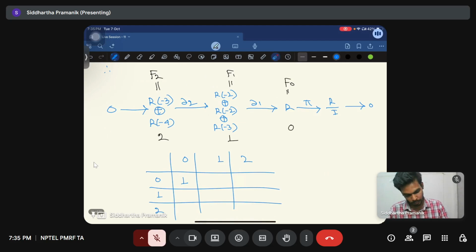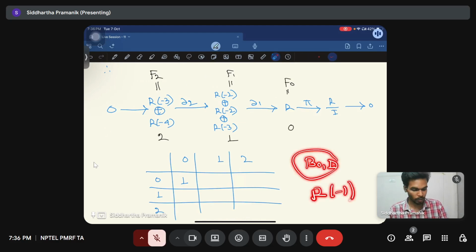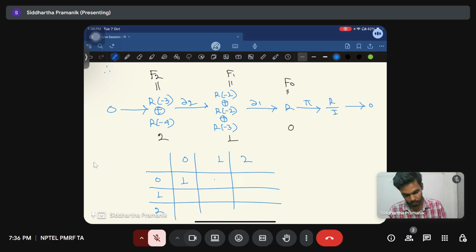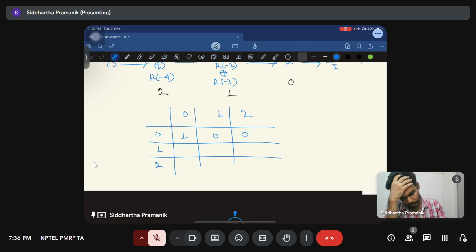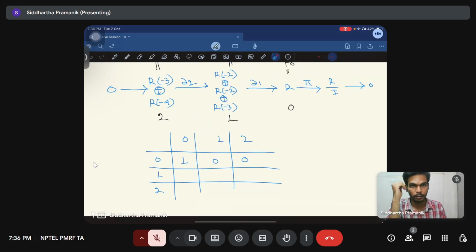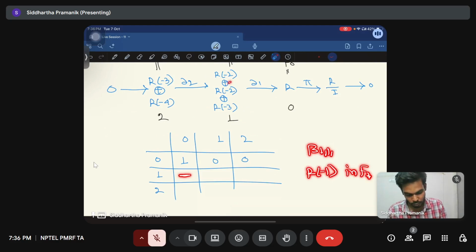Now beta 0 comma 1. So in F0 the number of copies of R minus 1, we have only one copy, so the other will be 0. Now this one, which is beta 1 comma 1, that means the number of copies of R minus 1 in F1. We have only R minus 2 and R minus 3, so it will be 0.